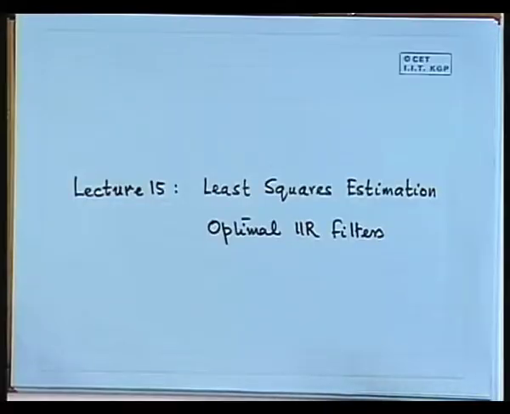So today we will see two analogous developments. Firstly, we will see how to solve a very close problem, which is called the least square problem. Previously we used to call the problem a minimum mean square error problem, MMSE. Now we are talking about the least square error problem, or the LSE.